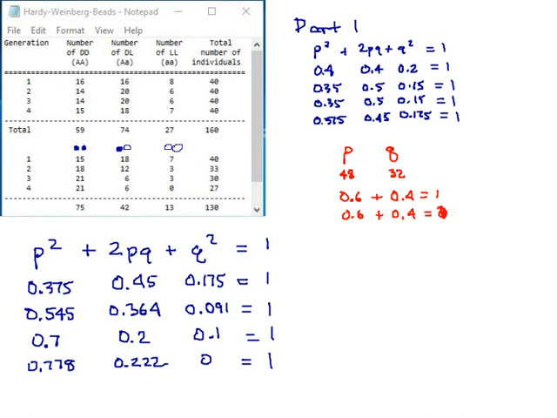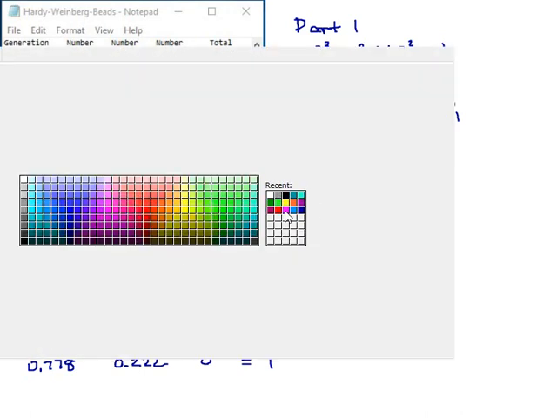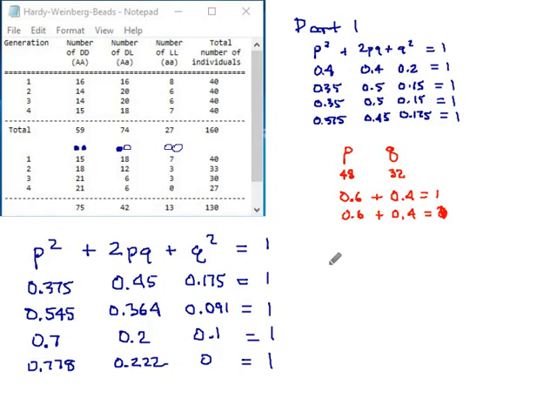So if we're counting alleles, our P total is going to be the number of dark beads. It's going to be 2 for each of these individuals, 1 for each of these individuals, and these won't count because they didn't have any dominant alleles. So 2 times 15 is 30, plus 18 is 48.